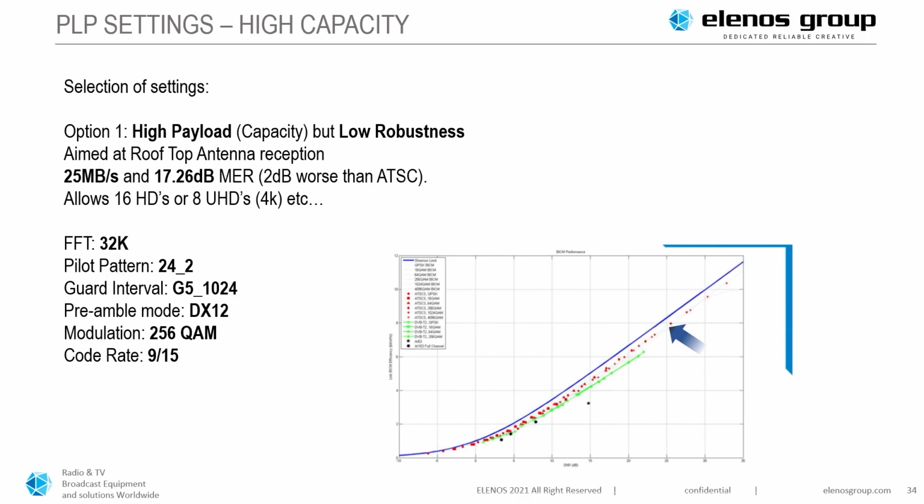You're choosing 256 QAM and a code rate of 9/15. And you would get a signal here which is around 28 megabits per second, which you then could put any kind of signal you want that's broken up into 28 megabits. So that would be a high capacity, very low robustness.